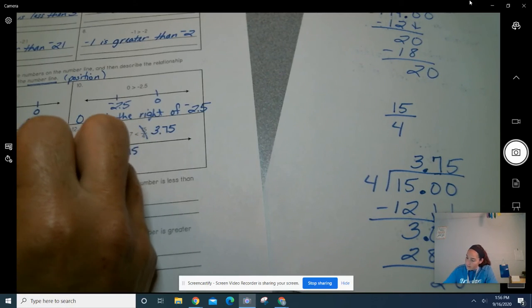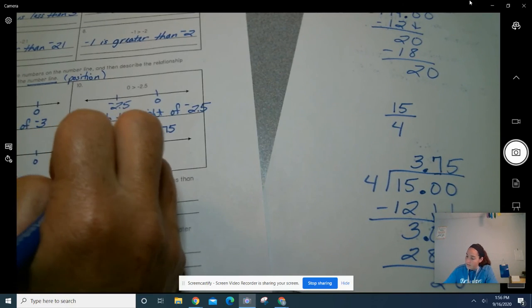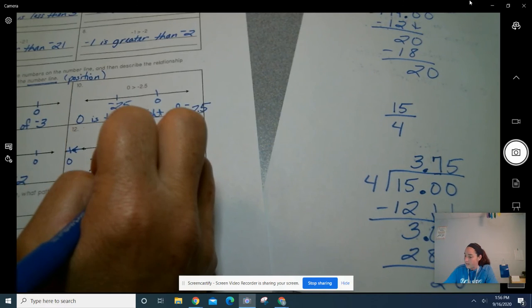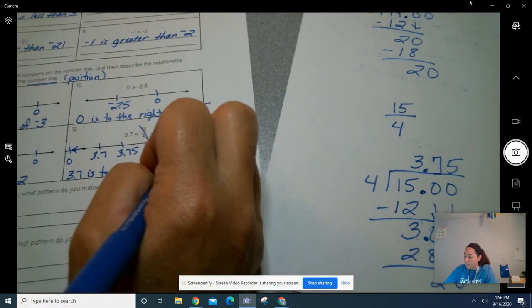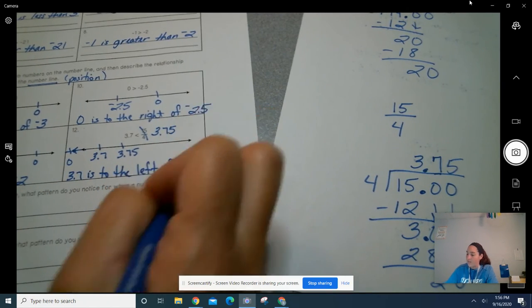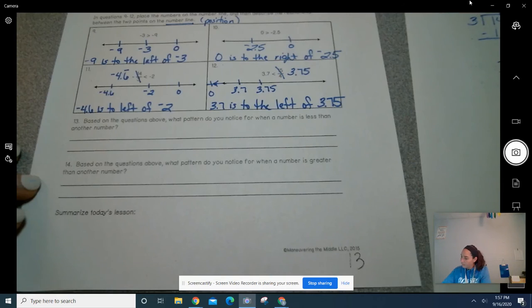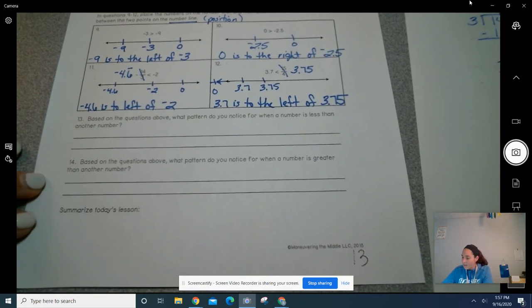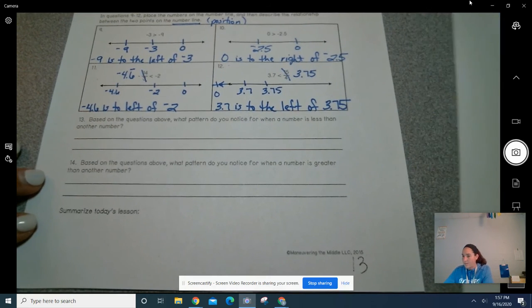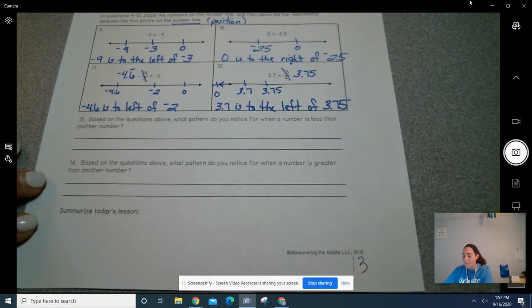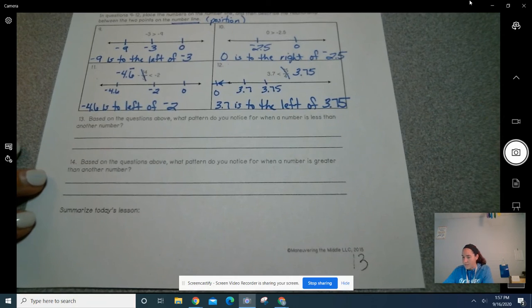So we would write 3.7 is to the left of 3.75. Okay, I'm going to let you guys answer number 13 and 14 on your Ed puzzle, and then we'll come back and discuss those.